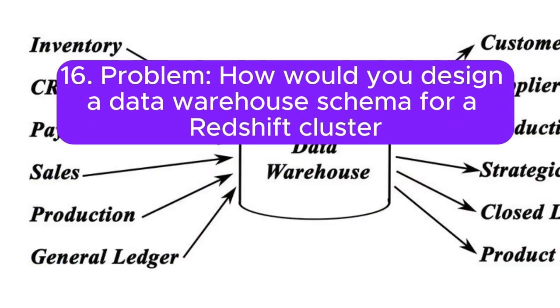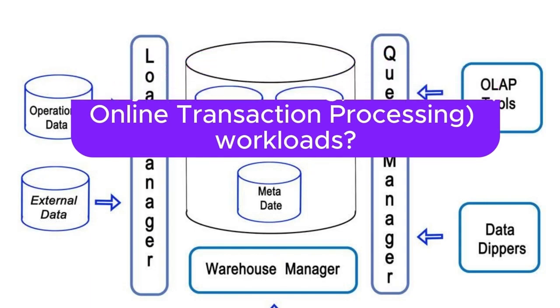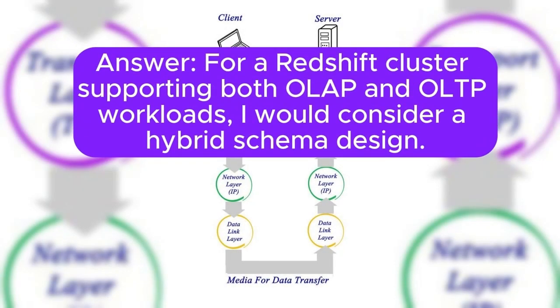16. Problem. How would you design a data warehouse schema for a Redshift cluster, supporting both OLAP (online analytical processing) and OLTP (online transaction processing) workloads? Answer. For a Redshift cluster supporting both OLAP and OLTP workloads, I would consider a hybrid schema design.